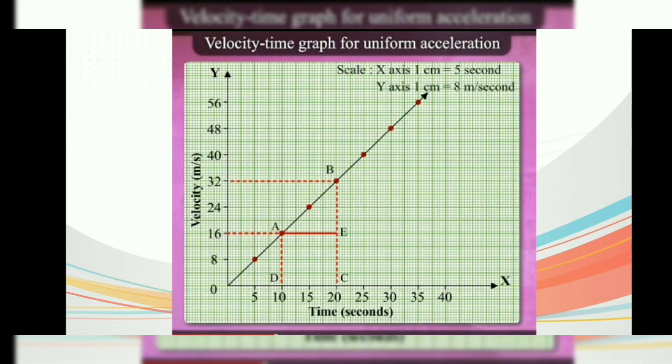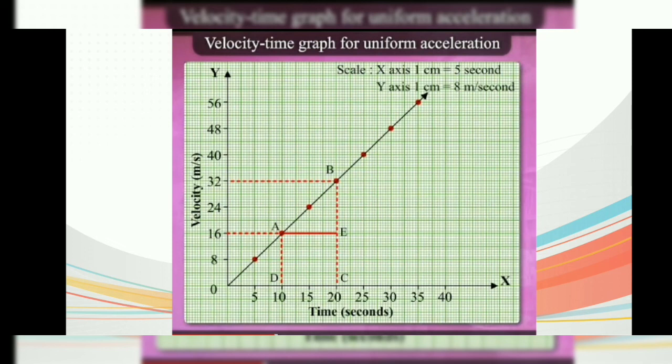The velocity is continuously changing because of uniform acceleration. In such a case, we have to use the average velocity of the car in the given time interval to determine the distance covered in that interval.